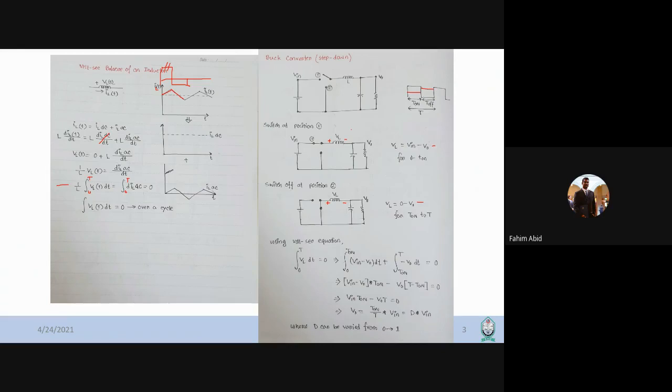So using the volt-second equation that we derived in the previous section, we can write that the integral of the voltage across the inductor over the whole period is 0.